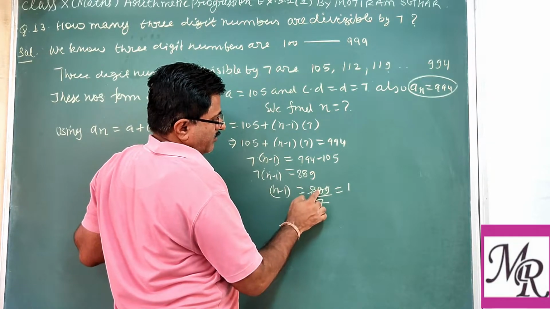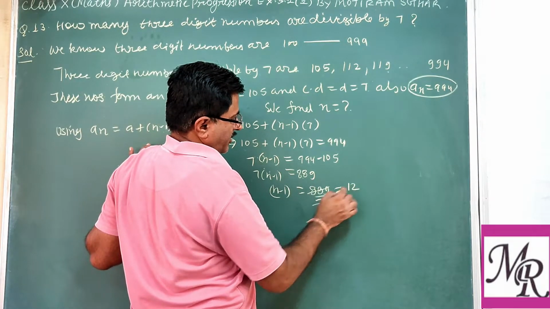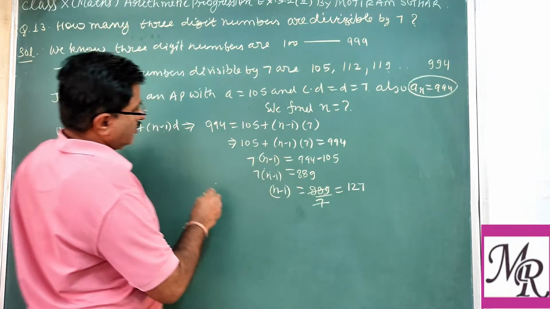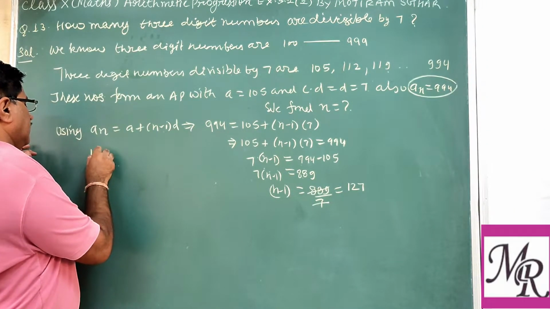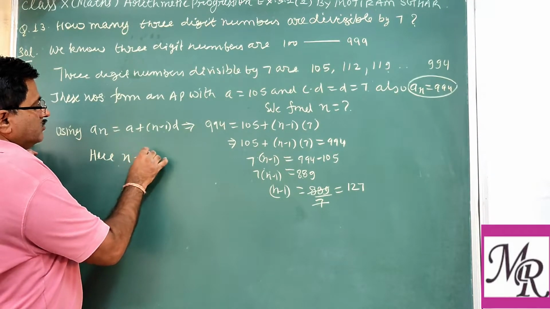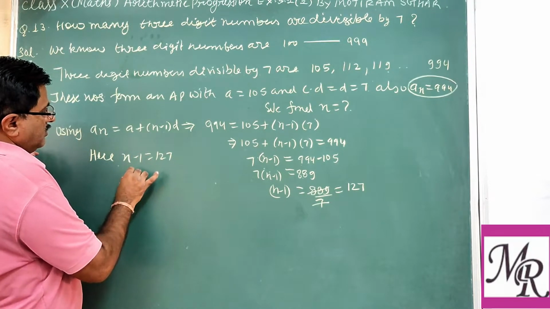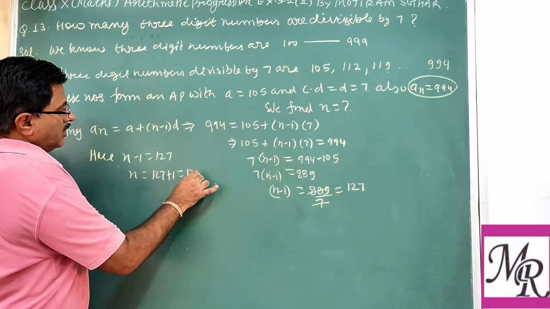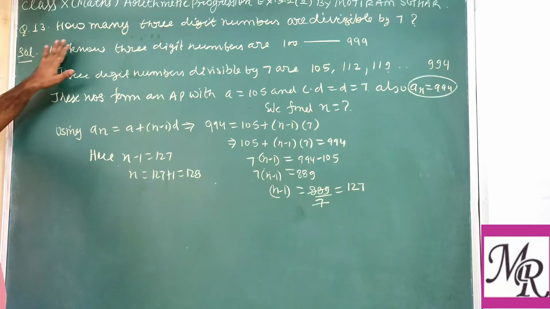Dividing by 7: 7 1 is 7, 1 remainder, 18, 7 2 is 14, 4, 7 7 is 49. So finally what we get? Here n minus 1 equals 127. So n equals 127 plus 1, so total 128. So how many numbers?